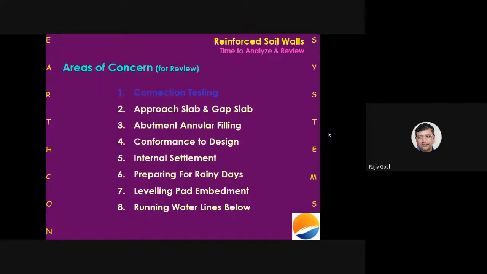It can be deficient in terms of design, or in terms of material. There have been situations where the connection was properly designed and executed with proper material, and it still failed. Why it still failed is basically because of internal settlement, which I will talk about when I come to point number 5.